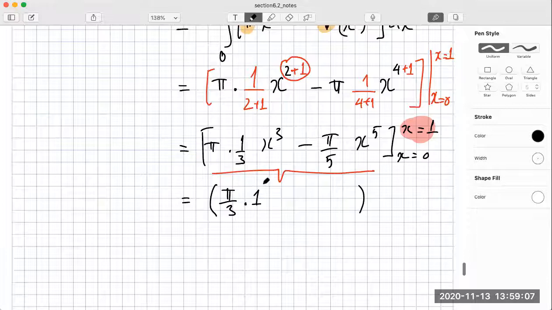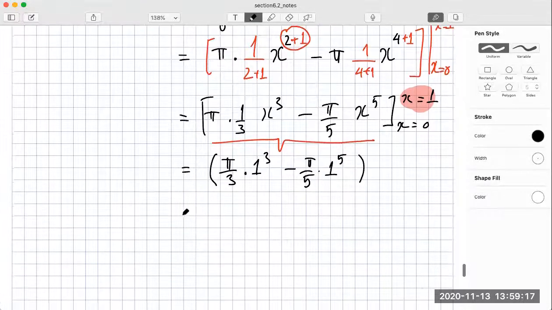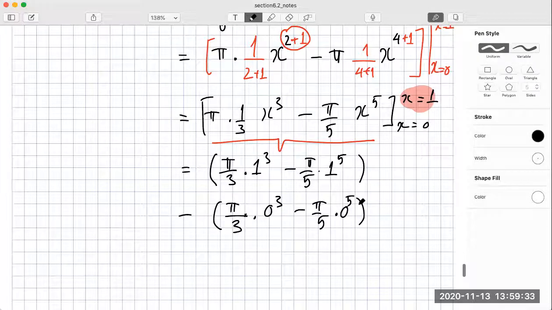Yes, it will be 1 cubed minus pi over 5. Very good. Okay, that's it. And we subtract the evaluation of the lower limit. It will be pi times 1/3, or pi over 3, times 0 cubed minus pi over 5 times 0 to the 5th.